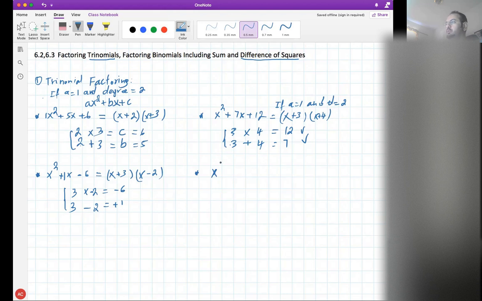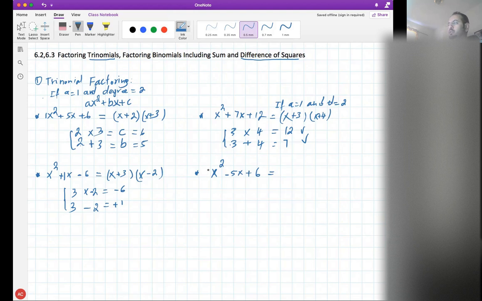So let me give you another one. So let's say you have maybe... So same thing here. We want to factor this using this special method, trinomial factoring. So first again, before you use this method, make sure you have 1 here and 2.